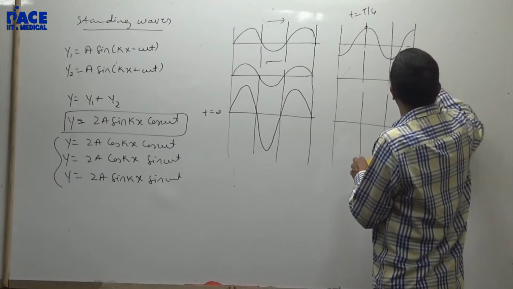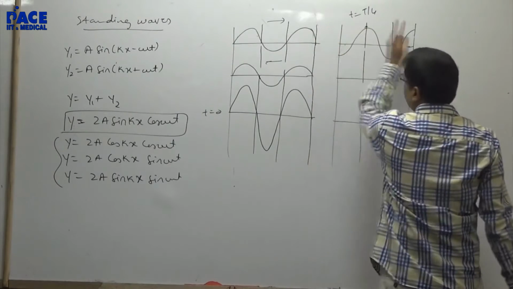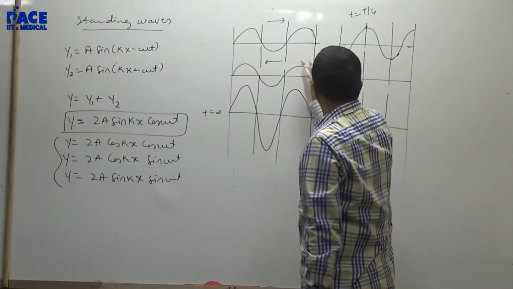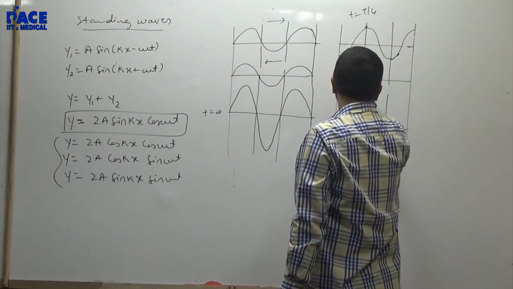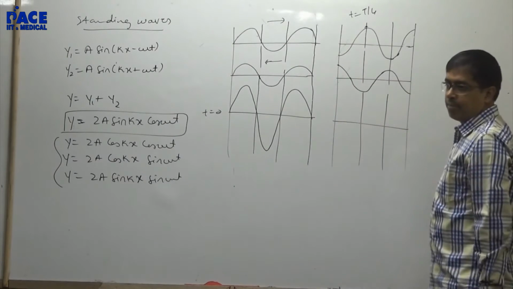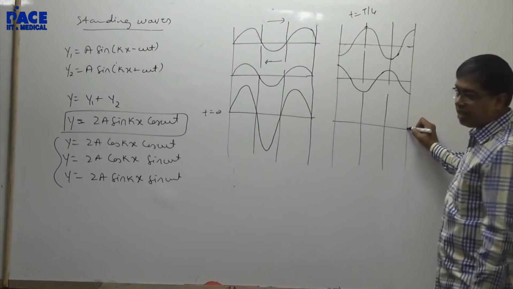See if my graph is right. Isn't it? It moved to the right. In time t equal to T by 4, this is moving to the left. This peak will come here. Right? So now if these both superimpose, the line will be a straight line.